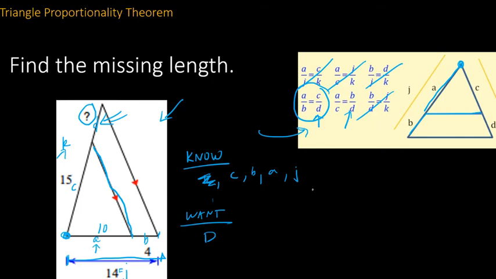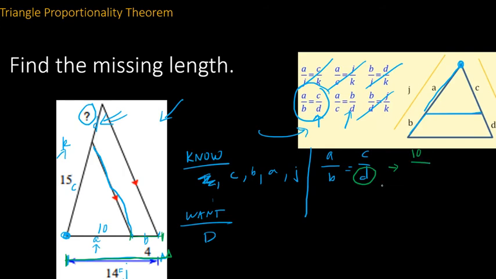So here's what I mean by I'm going to use that proportionality. I know that A over B equals C over D. I'm going to plug in what I know, and I'm going to try to solve for D. Okay? So I know that A is equal to 10 because I used my segment addition property to deduce that if the full length was 14 and that segment was 4, A must be equal to 10.